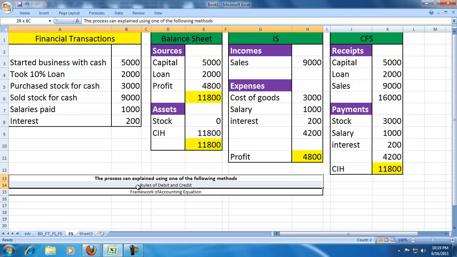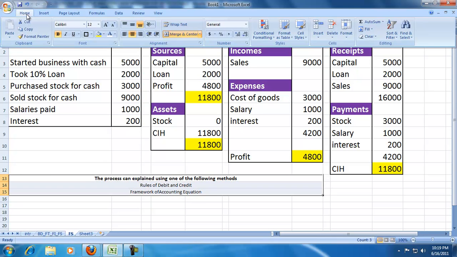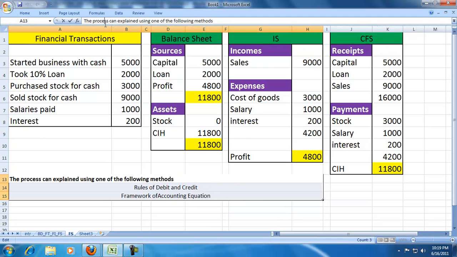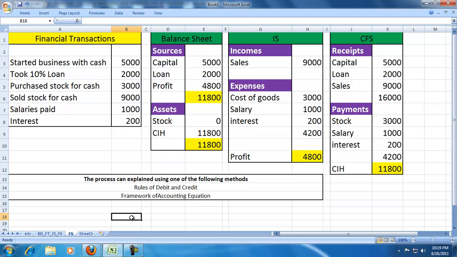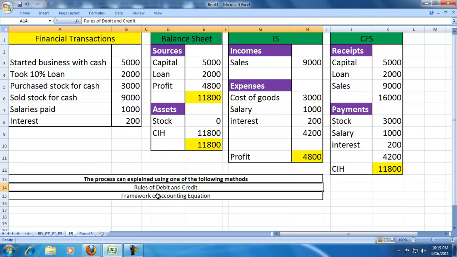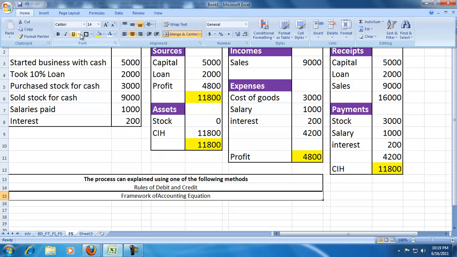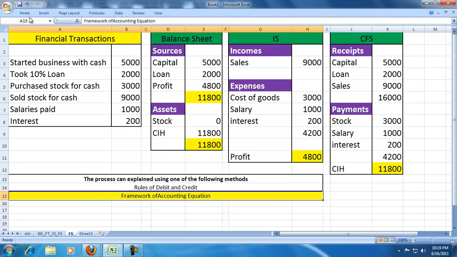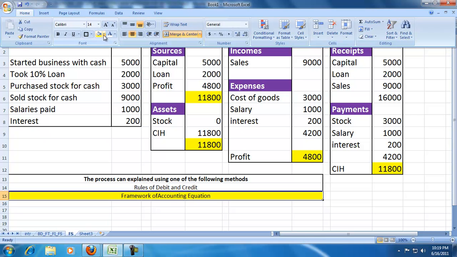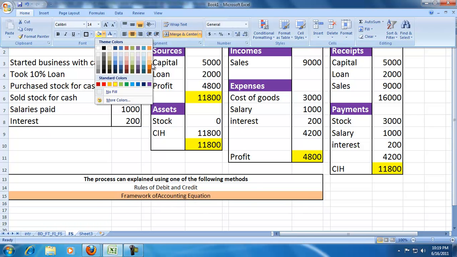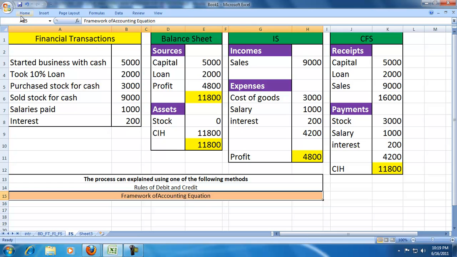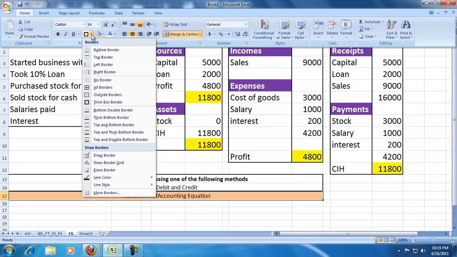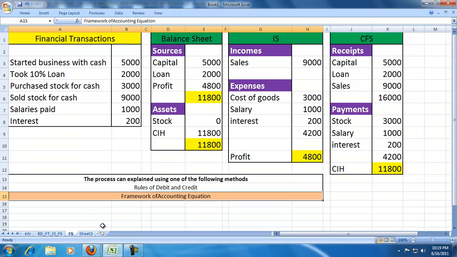So I repeat, this entire process of converting the business transactions into financial statements can be explained through the rules of debits and credits, or the framework of the accounting equation. But throughout my presentation, I'm going to use the framework of the accounting equation to explain the process of converting the business decisions into the financial statement.